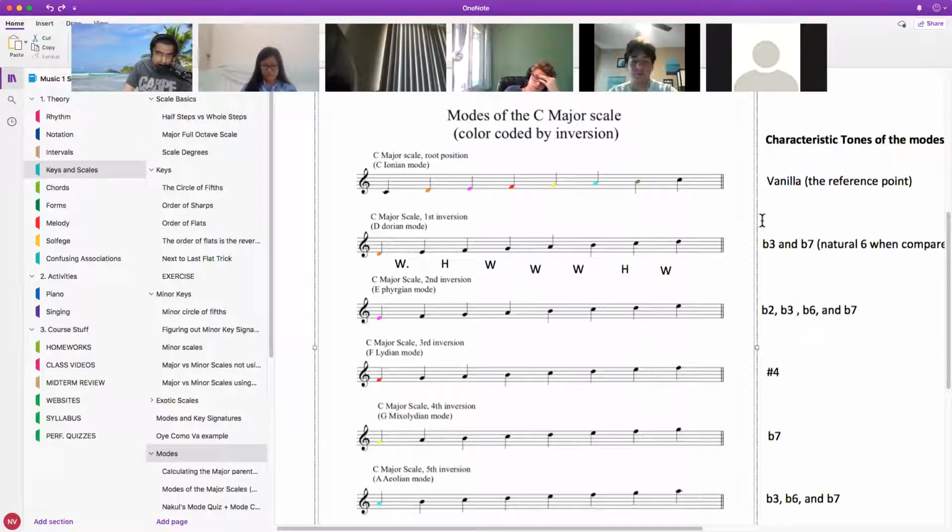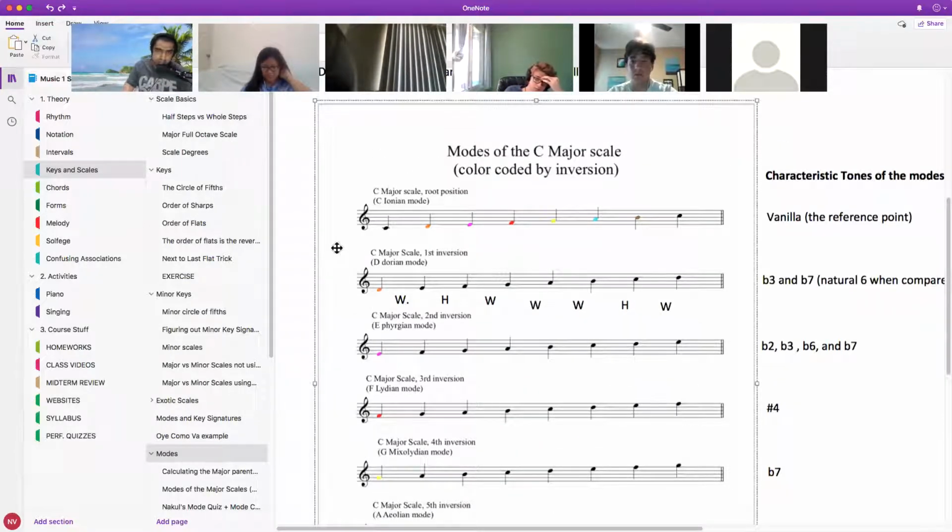There's not really anything. This could be the parent scale and this could be the inversion of this. But there are certain parent scales that we have decided upon as being root position, if you will, and that is completely arbitrary.